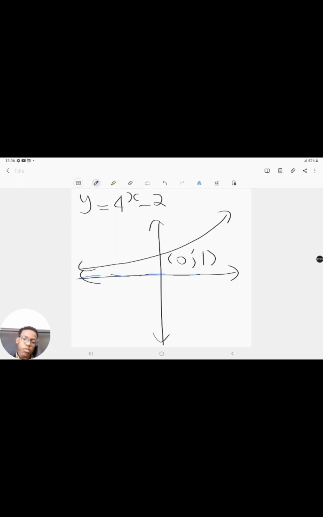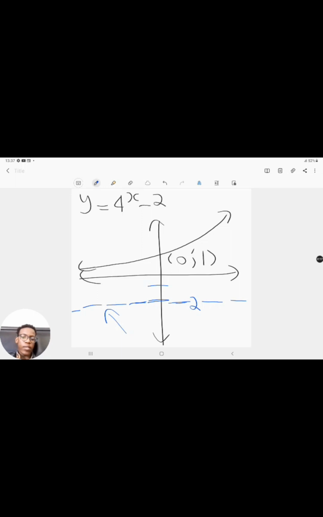The original asymptote is there, so I want to shift it down by 2 units. So if the asymptote is there originally, I'm going to say 1, 2, that's going to be minus 2. So my asymptote is going to be there at minus 2. This is the line that my graph will always be approaching but not touch.